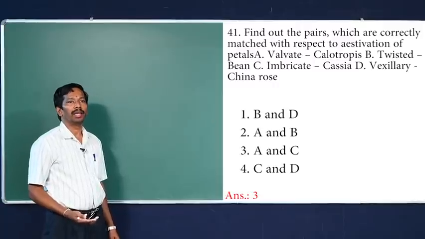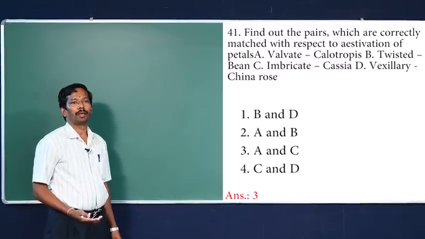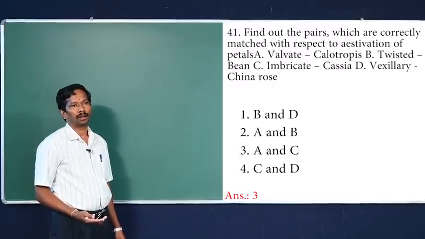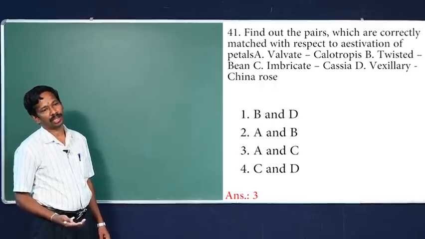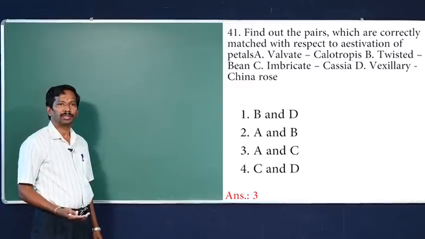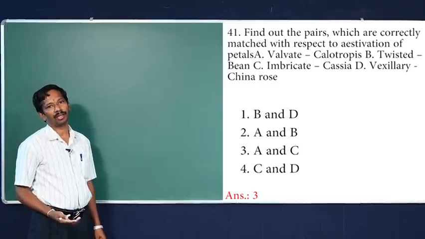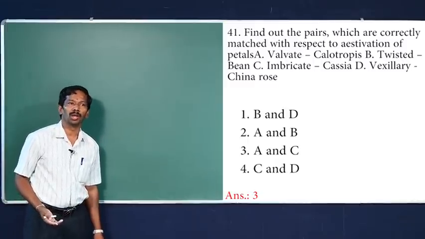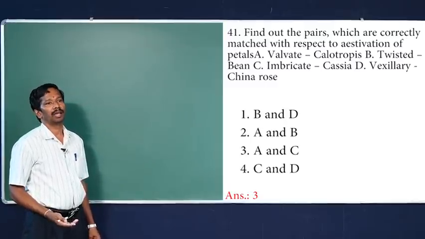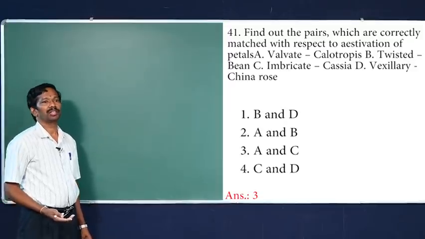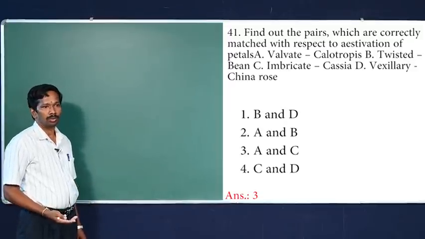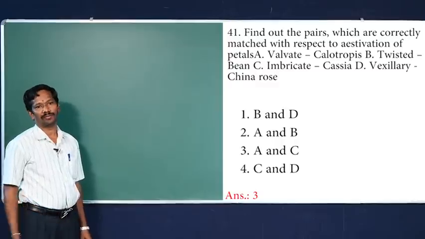Of these A and C, that is valvate Calotropis as well as Imbricate cassia related with the second, that is correct, whereas twisted aestivation is absent in the case of bean because in beans vexillary aestivation is present and vexillary aestivation is not present in China rose. Instead of that, it is having a twisted aestivation. So option 3 answer for question number 41.